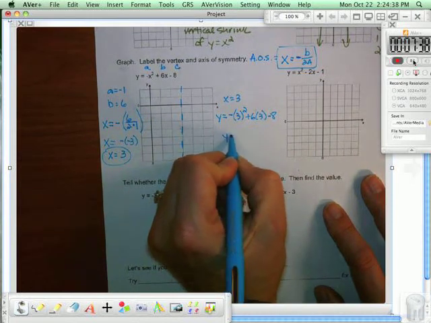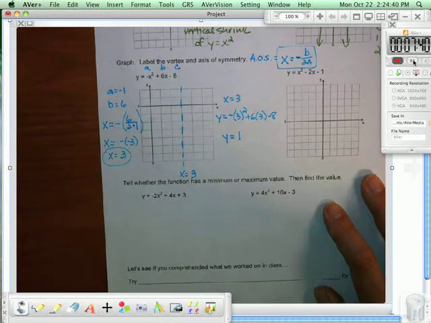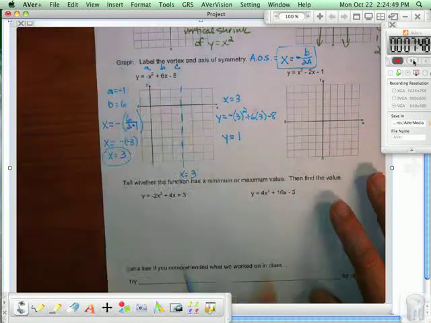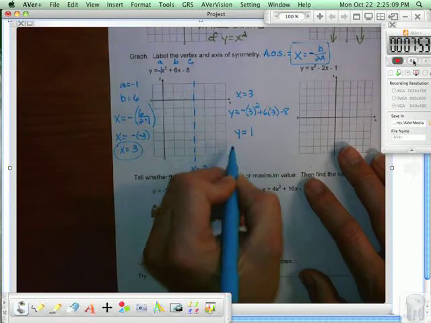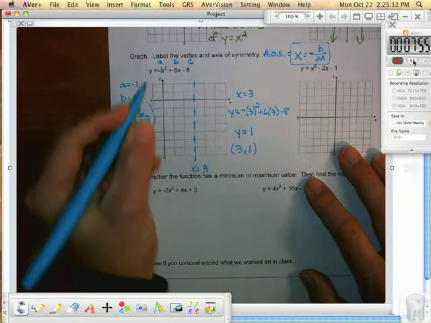Y equals 1. I still get confused on whether you negative it after or before. Follow order of operations. All right, so did you all get 1? So my vertex is 3, 1, so I can put a point on there, right here.